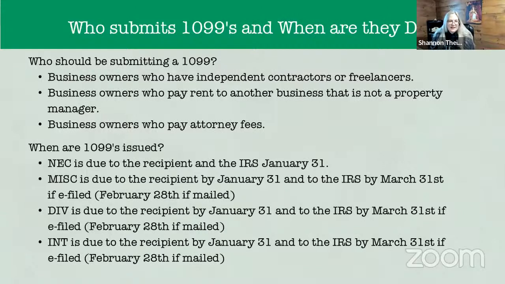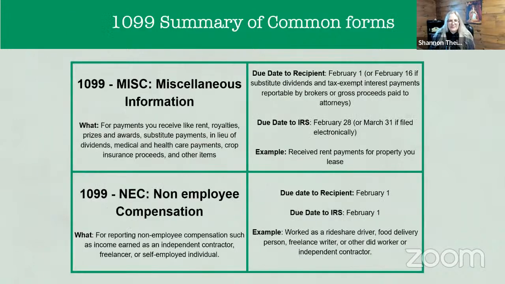because the 1099 NEC is due to the recipient and to the IRS by January 31st, or the Monday that's not a holiday after January 31st if January 31st falls on a weekend. 1099 miscellaneous is due to the recipient by January 31st and to the IRS by March 31st if e-filed, or February 28th if mailed, which is the same for the 1099 DIV and INT.